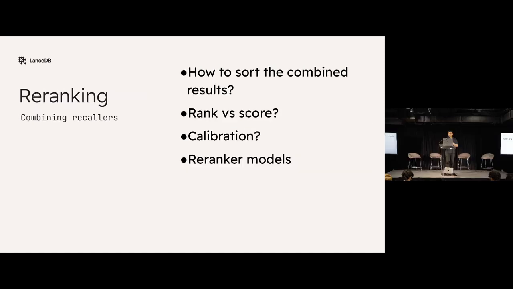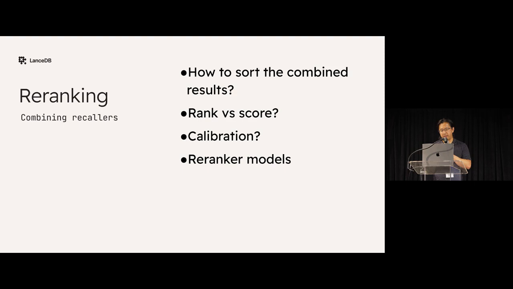If you have multiple recallers, that means you have multiple sets of results, but you can only present one to the user or give one to the LLM. So how do you sort the combined results? You want to decide whether to use the ranks of the results or a score. The scores that come out of each recaller might not be comparable, so you need to think about calibration and normalization.